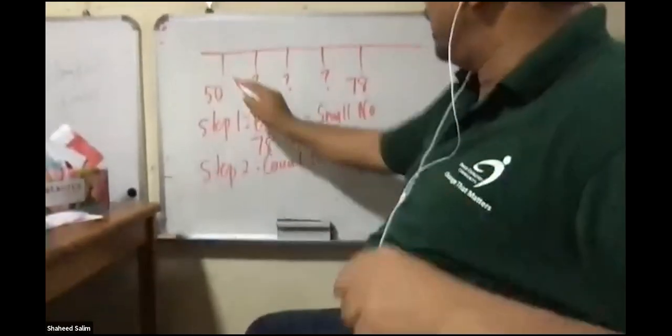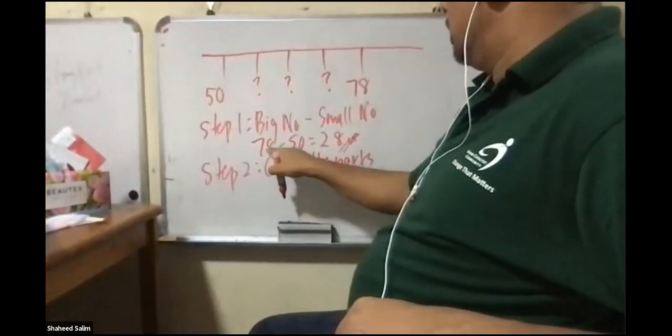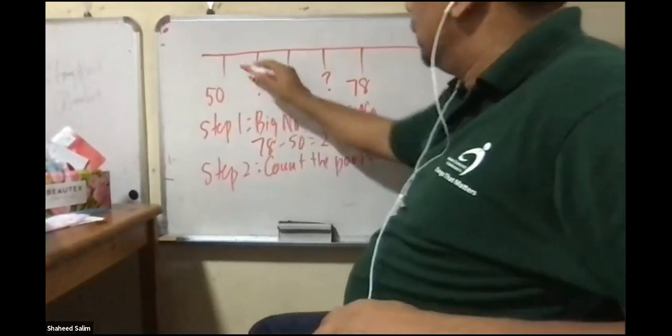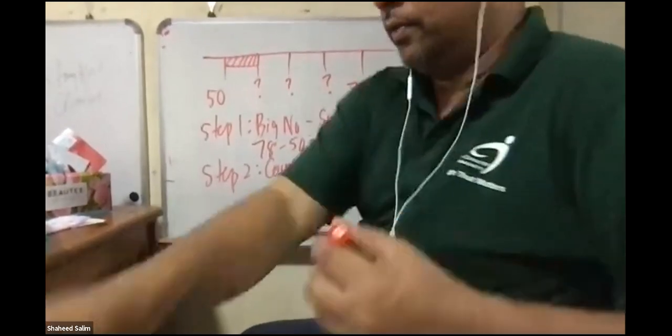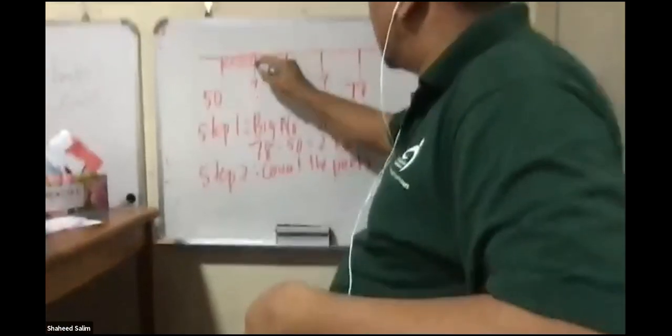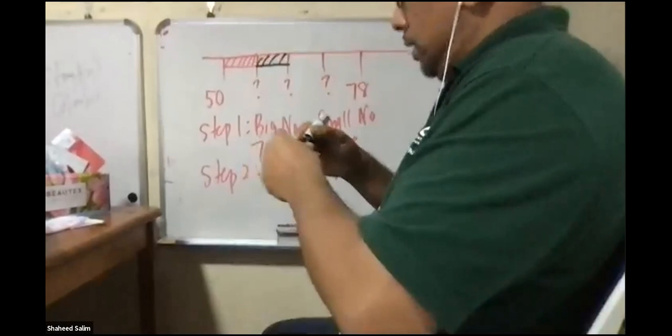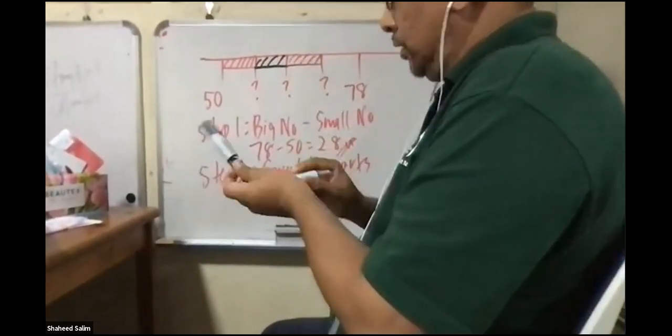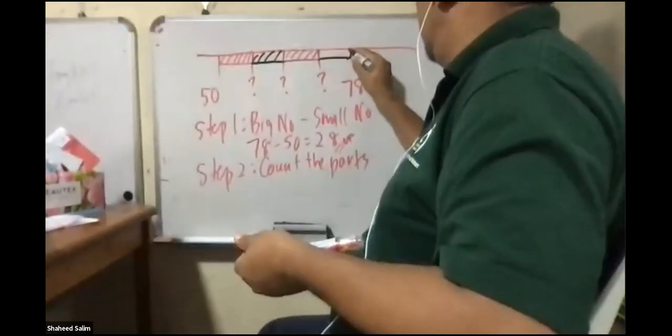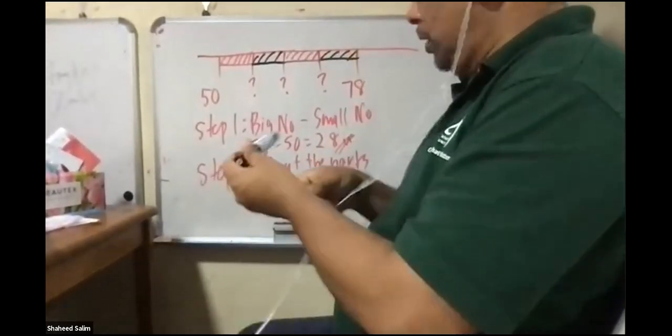How many parts are there in between the 2 numbers, between the big number and small number? You look at it, there's 1 part here, then 2 parts here, 3 parts here, and 4 parts here. So altogether there are 4 parts.